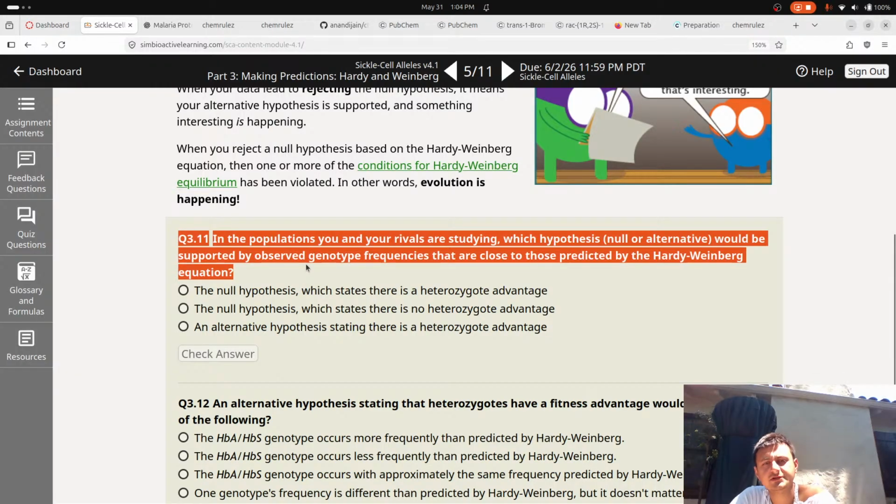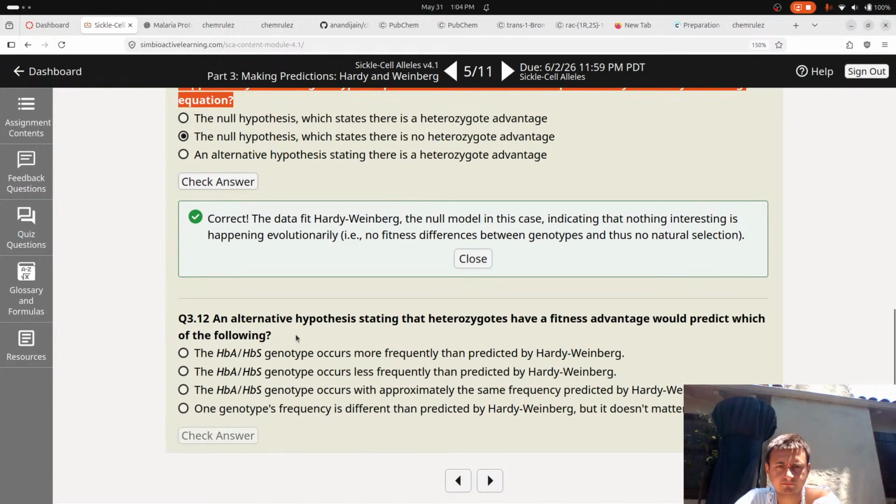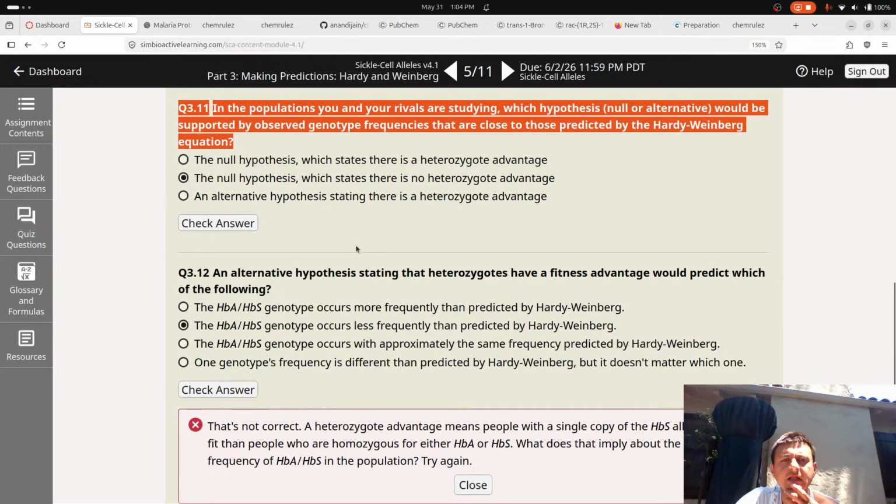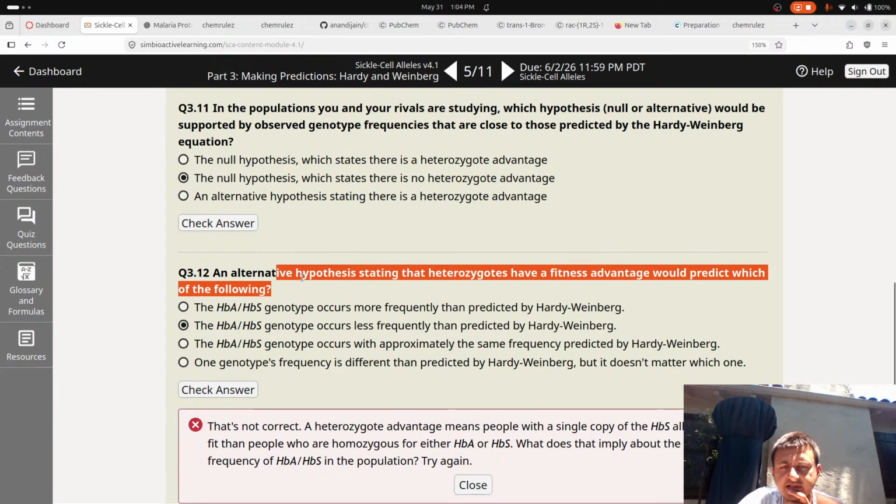In the population's evolution, which hypothesis would be supported by. Wait, an alternative hypothesis for stating that heterozygotes have a fitness advantage.